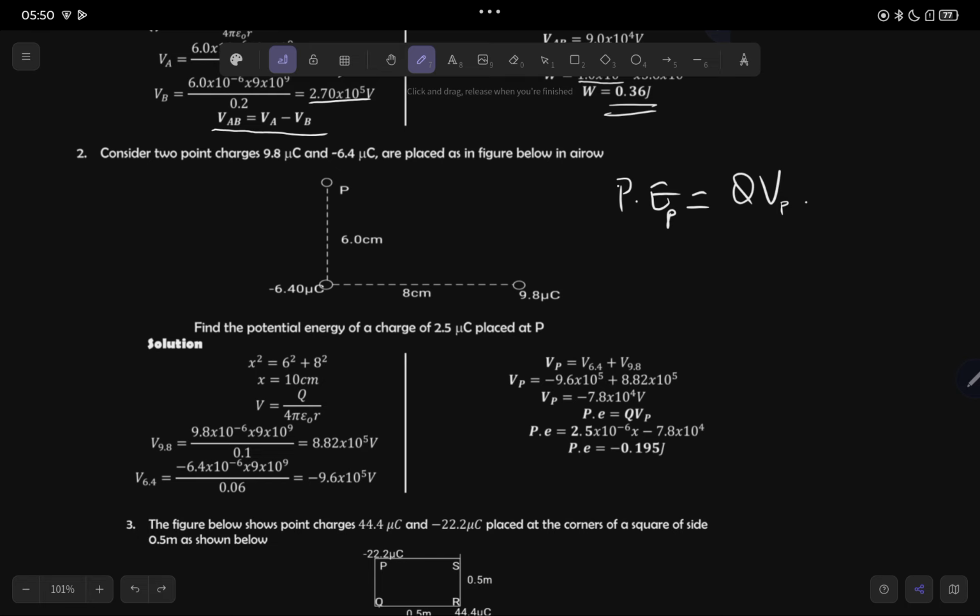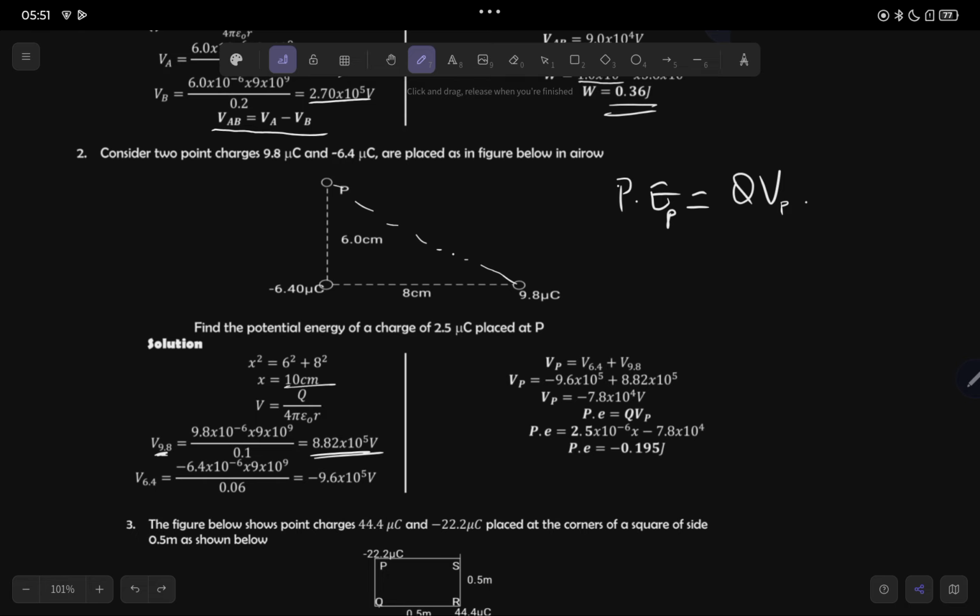So PE at P is the charge you're placing at P times the potential at P. Now, what is the potential at P? Potential at P is due to two charges. So we shall first find the potential at P due to the charge of 9.8 microcoulomb. How? We have to get the straight distance between P and Q using Pythagoras theorem, which is 10 centimeters.